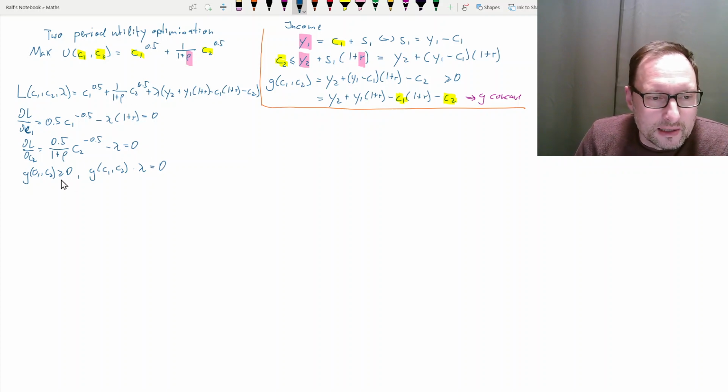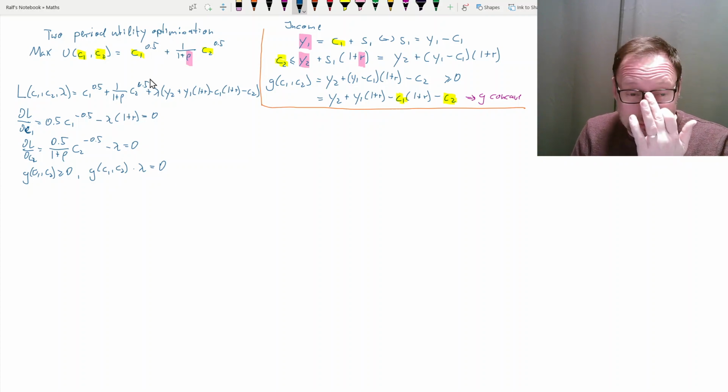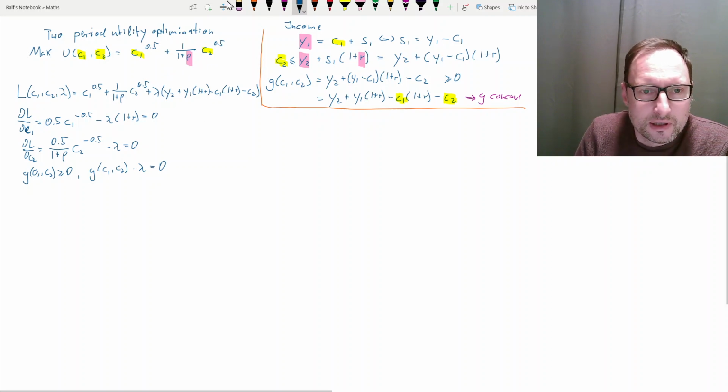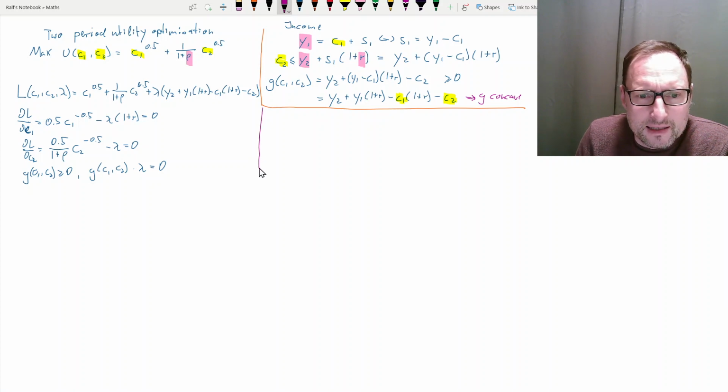So let's have a little shortcut here, because I already told you that if you look at the utility function, we can see that we won't find an unconstrained optimum.